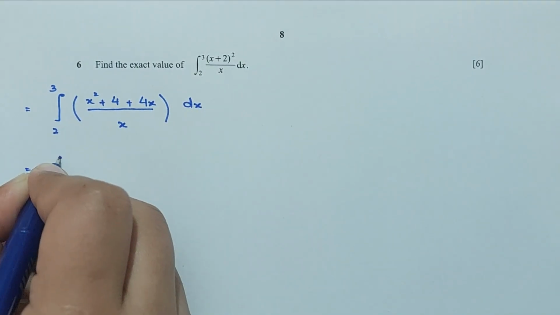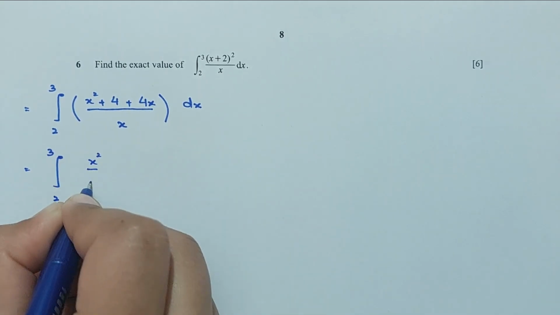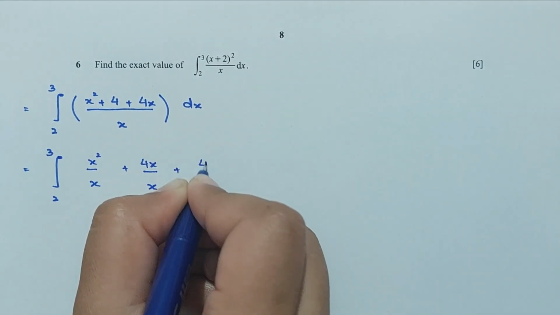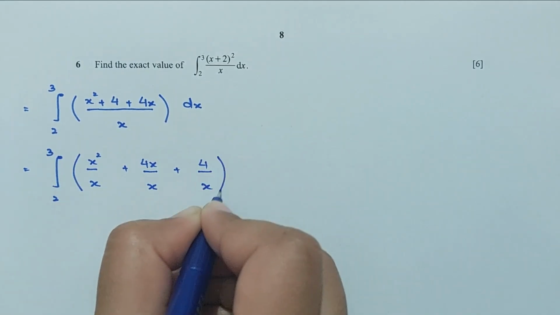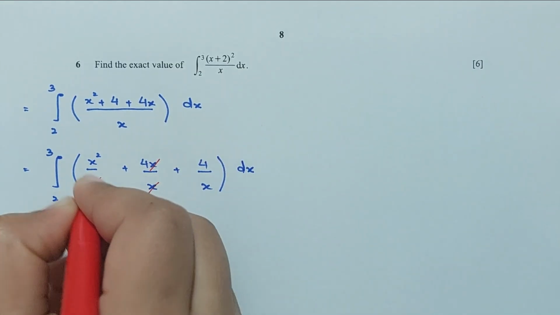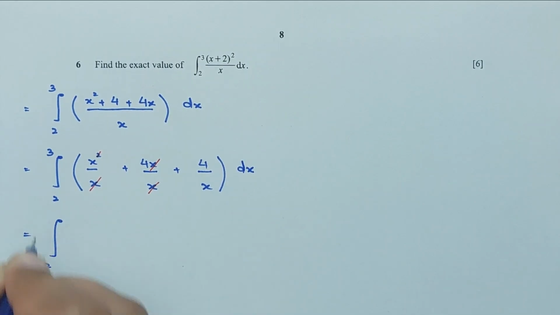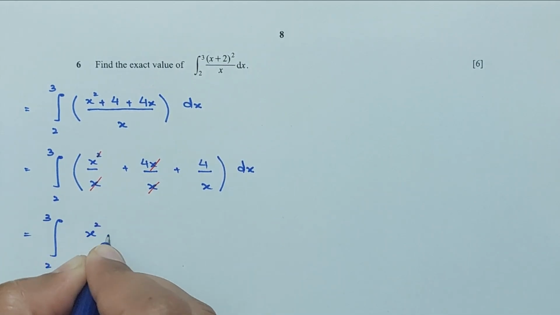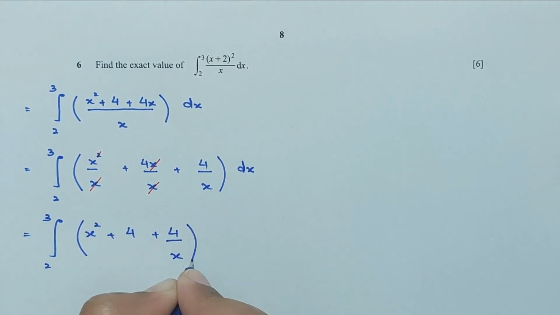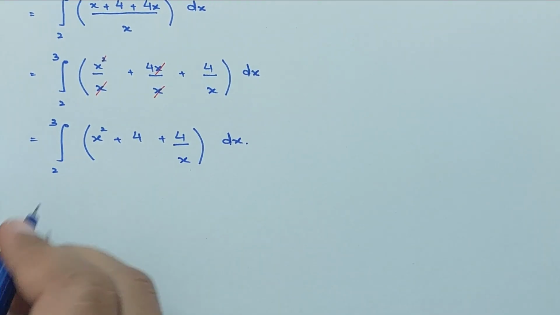Further simplification, we have from 2 to 3, x squared over x plus 4x over x plus 4 over x, dx, right? Now we can cancel x with x, and here we have from 2 to 3, x plus 4 plus 4 over x dx, right? It's a definite integral, so there is no constant of integration.